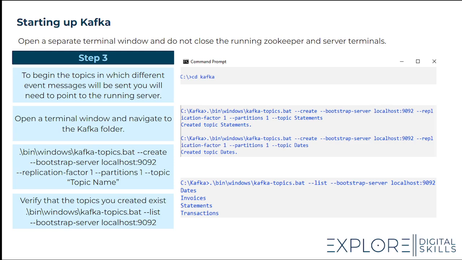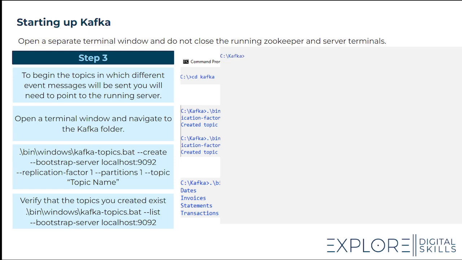And in that Kafka folder, you would then start creating your topics. Now, I have already created some topics previously, so we're going to have to be creative in terms of how we manage these topics on our end. So let's begin and create our first topic.